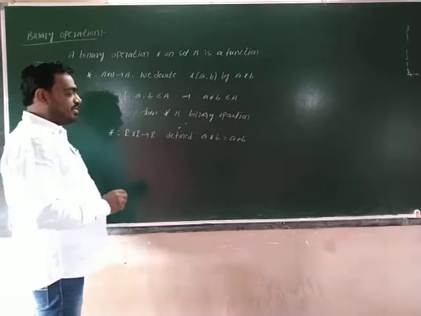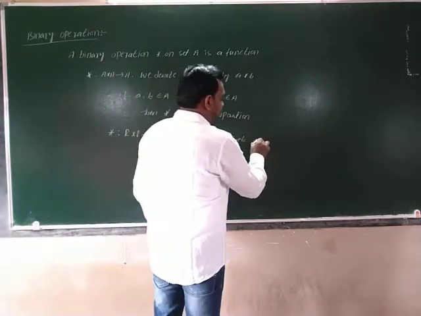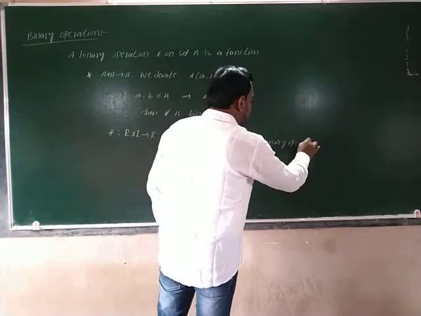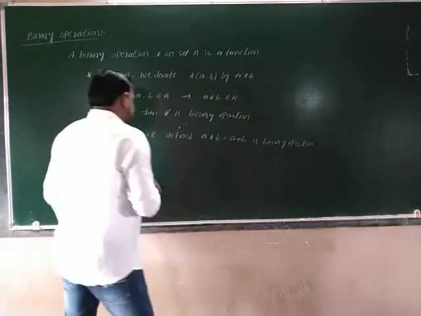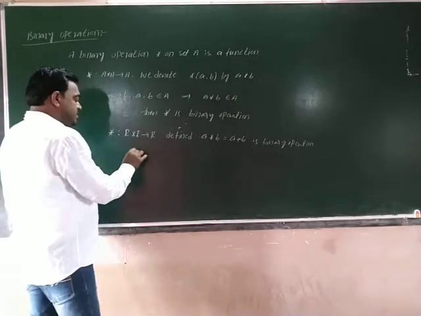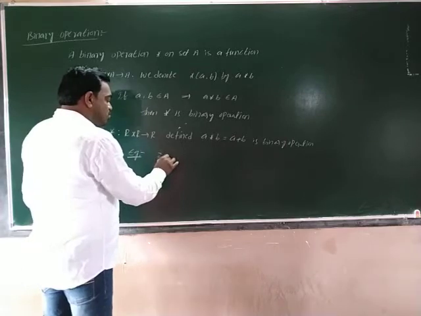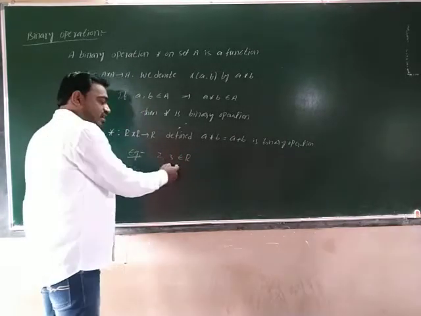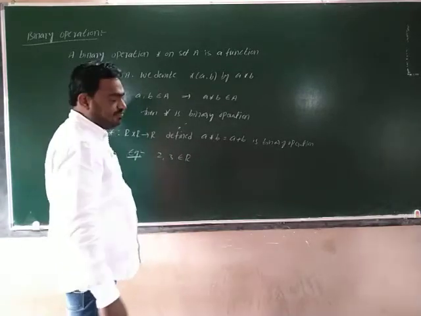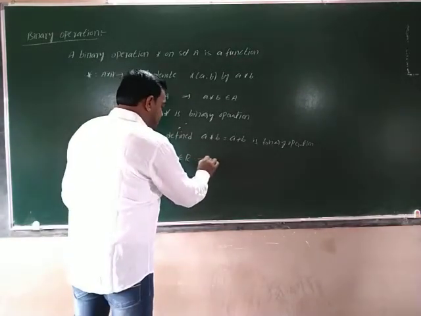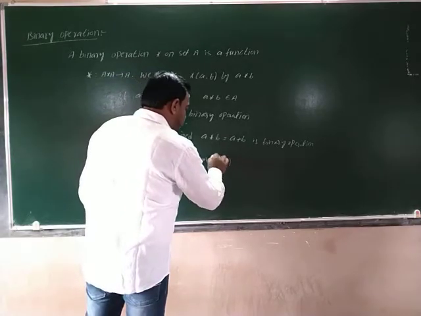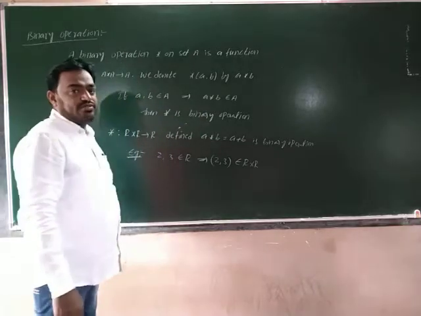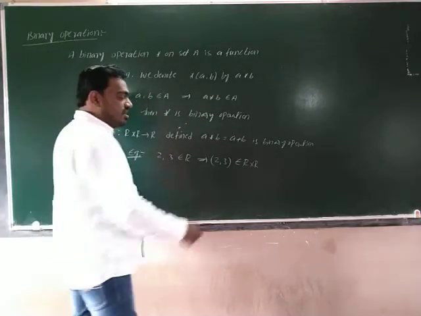Is it a binary operation? For example, 2 comma 3 belongs to what? These are two real numbers. That implies the ordered pair (2, 3) belongs to R cross R.